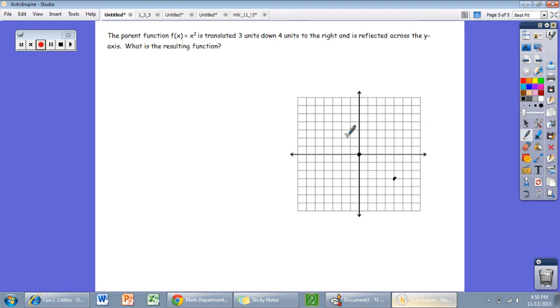So I started here, now I'm here, and now I'm reflecting across the y-axis, so I'm going this way. So 1, 2, 3, 4, 1, 2, 3, 4, so now I'm here. But I'm still facing up. Reflecting across the y-axis means I'm still facing up. So what is the resulting function?